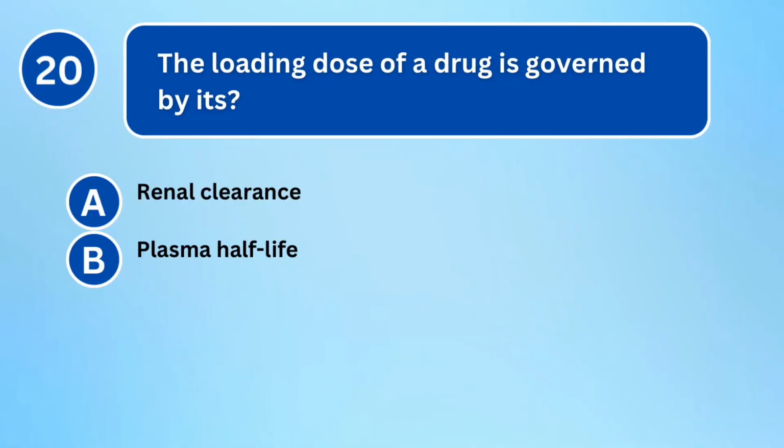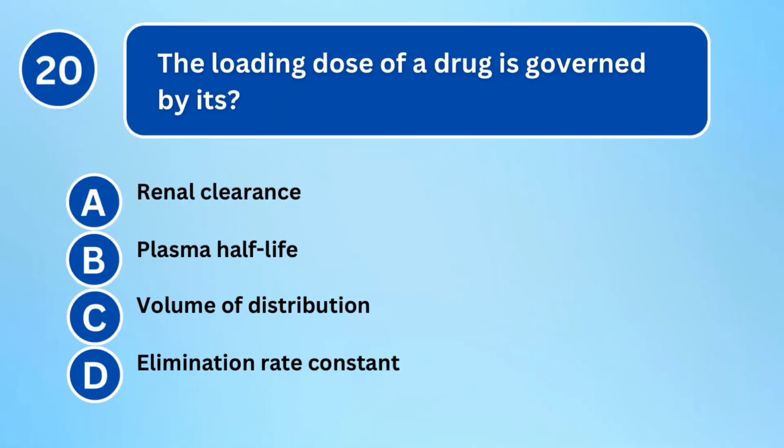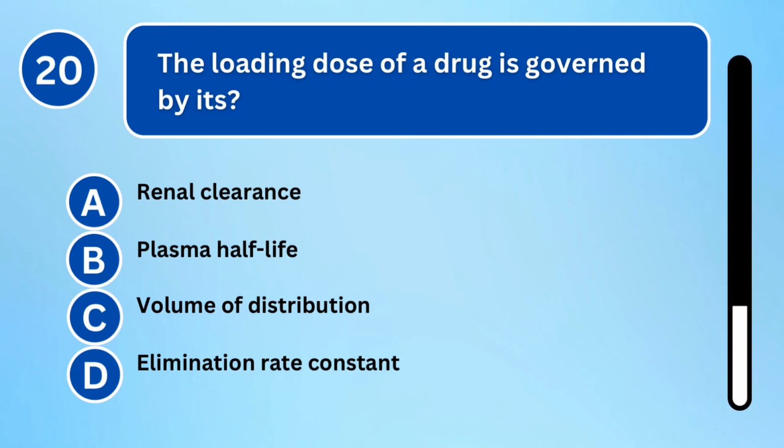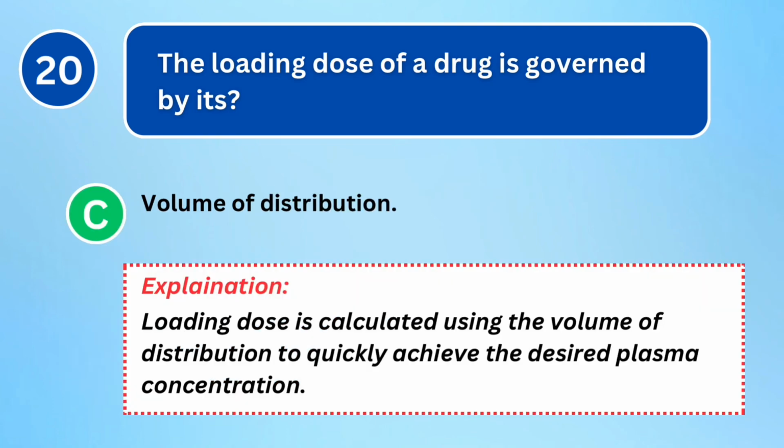The loading dose of a drug is governed by its A. Renal clearance, B. Plasma half-life, C. Volume of distribution, D. Elimination rate constant. Correct answer, C. Volume of distribution.